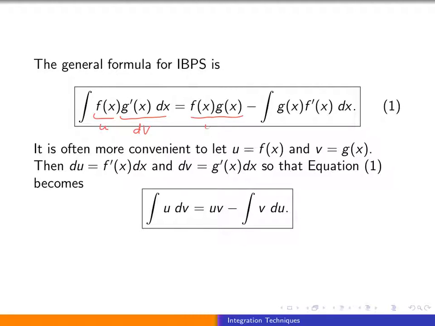This equals uv minus the integral of v du, which gives us this equation on the bottom. So the antiderivative of u dv is uv minus the integral of v du, which is a convenient way to remember the integration by parts formula, as well as a convenient thing when we're actually applying it to a specific example.